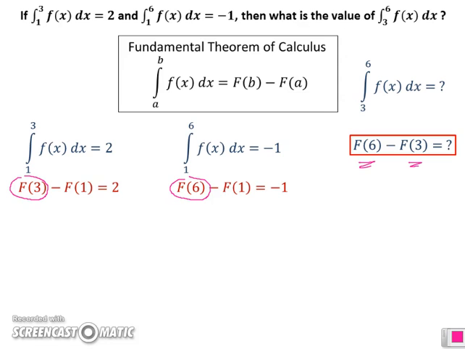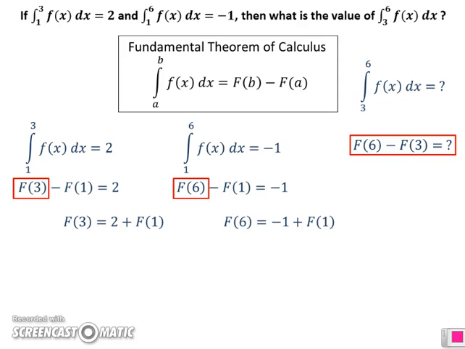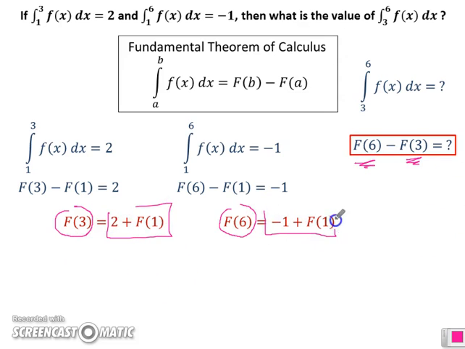So if we just do a little algebra, I'm going to add this F of 1 over, I'm going to add this F of 1 over, and we end up getting 2 plus F of 1 for this one, and -1 plus F of 1 for this one. Well, now this allows us to plug in. We have F of 3 that can go right here, and we have F of 6 that can go right here. And we just have two expressions that we're going to use to plug into those two spots.